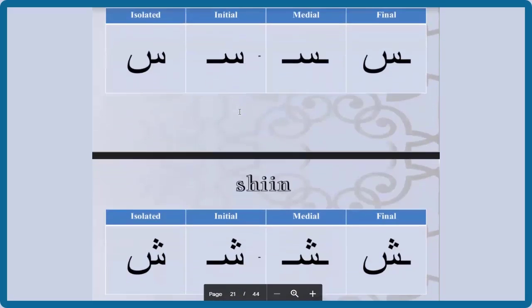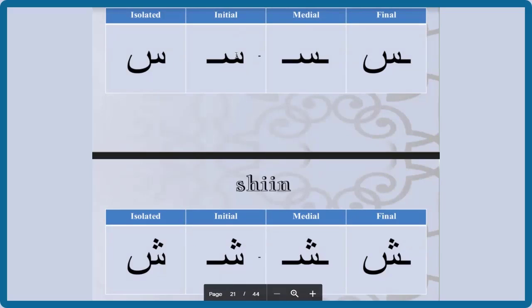Then the next one is Seen. You can find Seen in a shape like a W. In the original form, Seen would have a hook there too, but here you can see this is the half shape of Seen, the initial one.